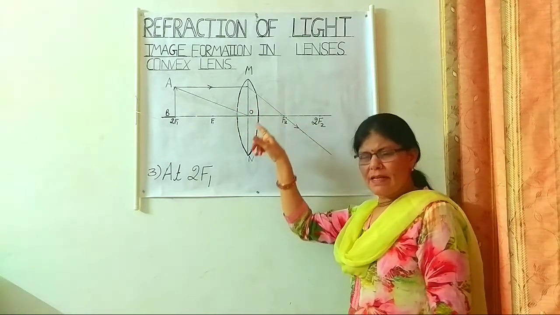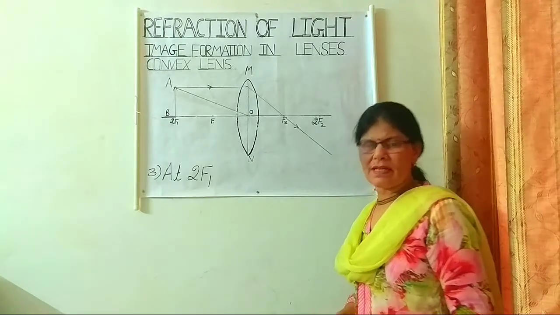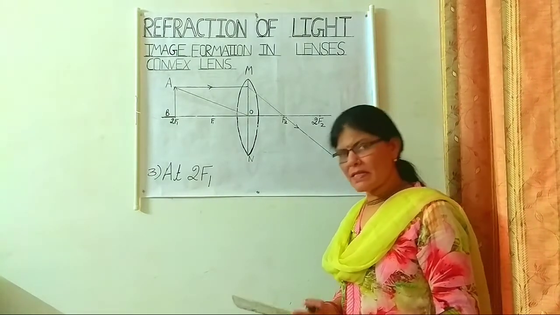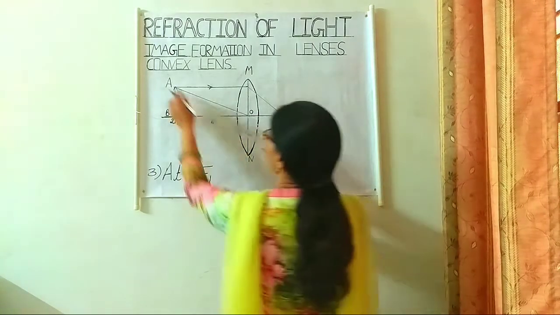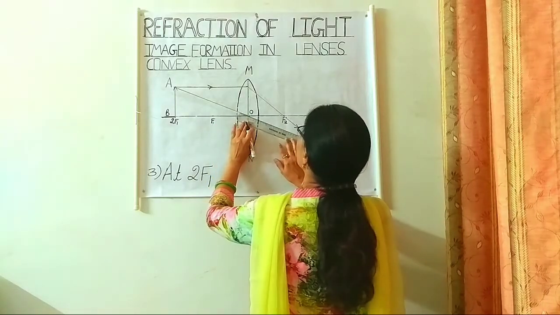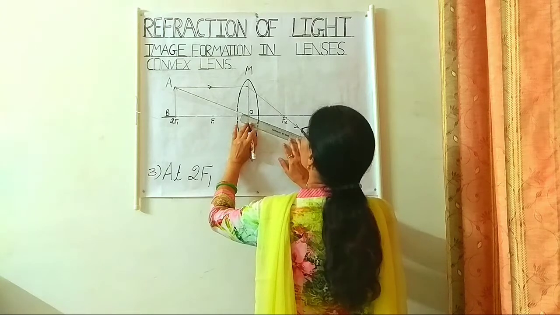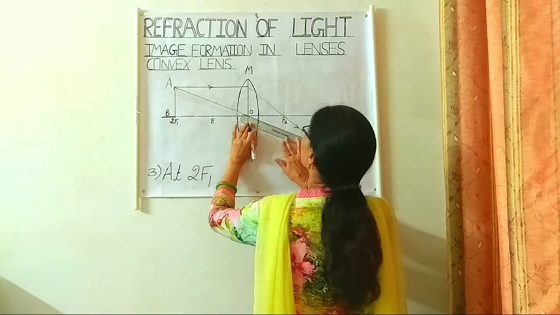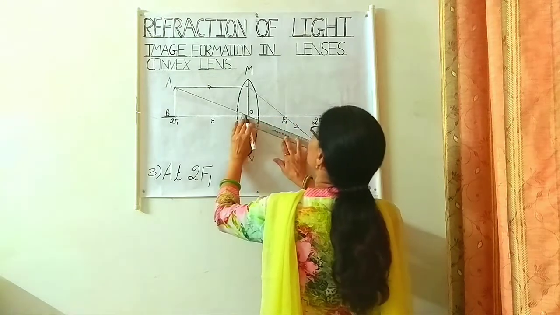The second case is when an incident ray passes through the optical center, then it will go as it is without any refraction. So let us draw this second case. This is the incident ray passing through the principal focus.